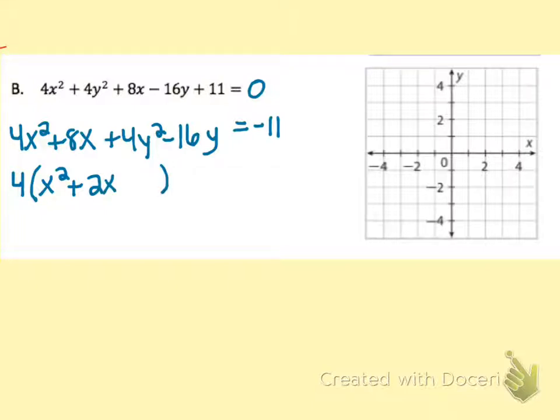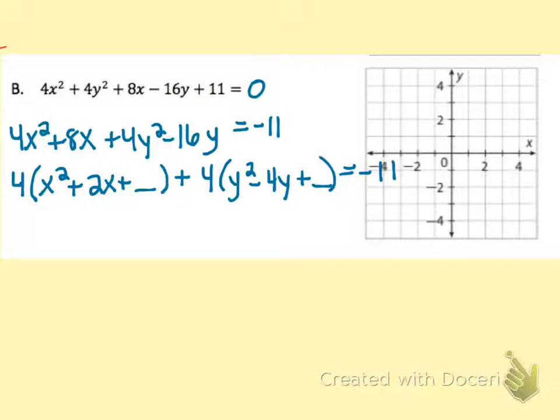And then I'm going to leave my spot here now to complete my square. And then out of the next part, I could take a 4 out as well. So that leaves me with y squared minus 4y. And then I'm going to leave a spot there to complete the square. And then on this side, I have negative 11.